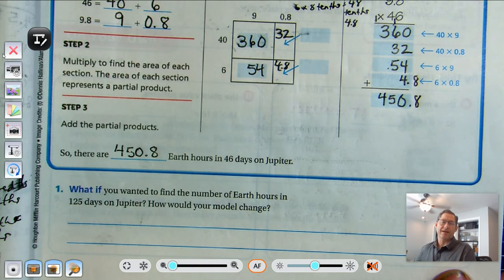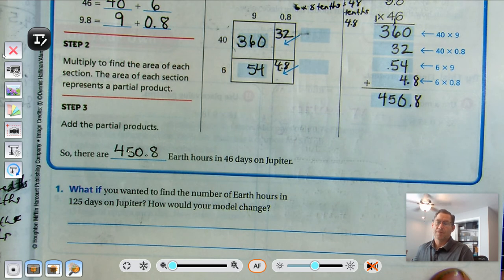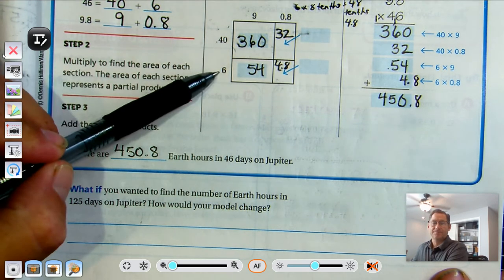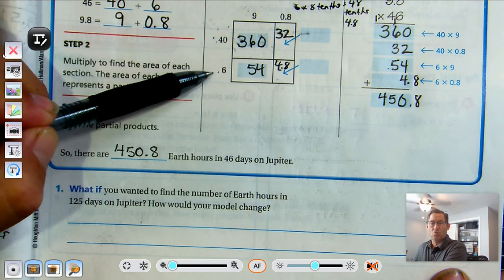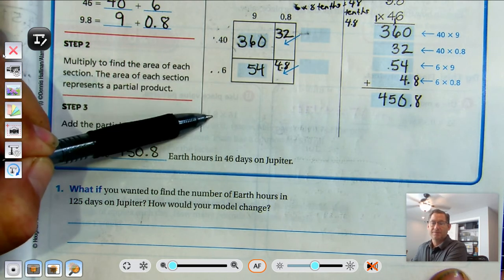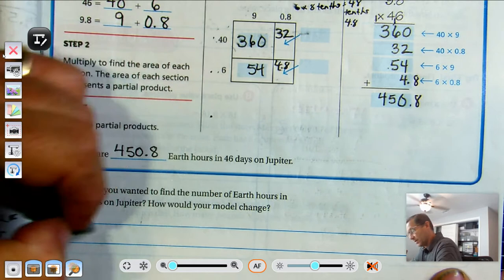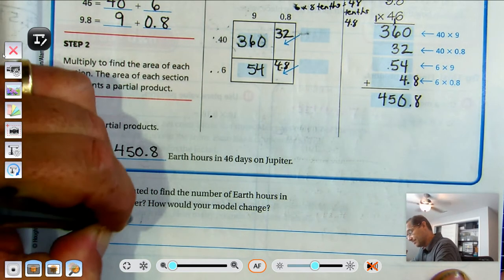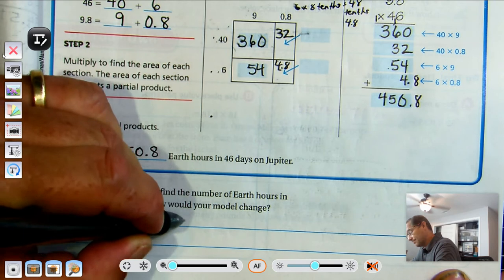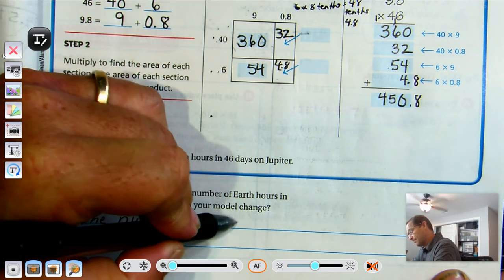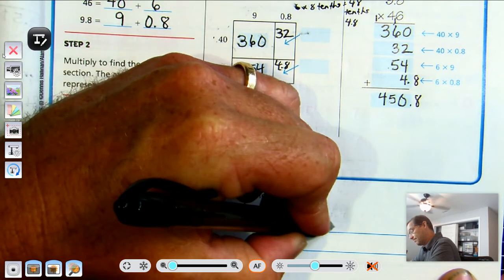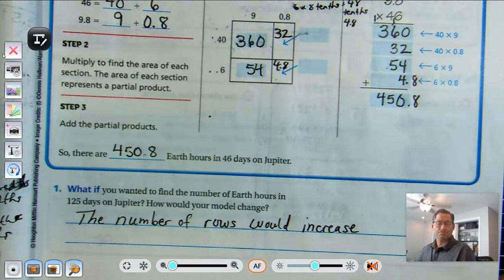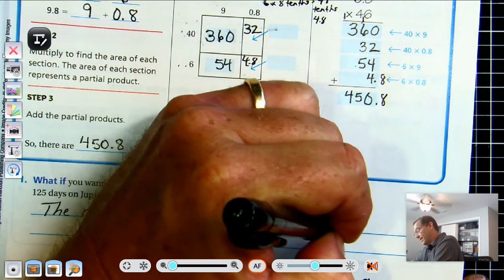If you wanted to find the number of Earth hours in 125 days on Jupiter, how would the model change? Well, right now this is 46, right? So how would we represent 125? Well, we'd have to have 100, 20, and 5. Okay, so the number of rows would have to increase from 2 rows to 3.